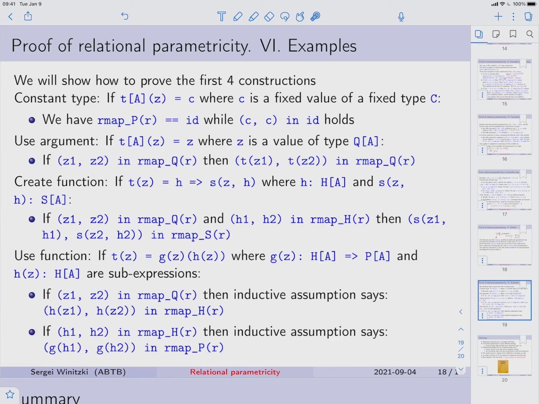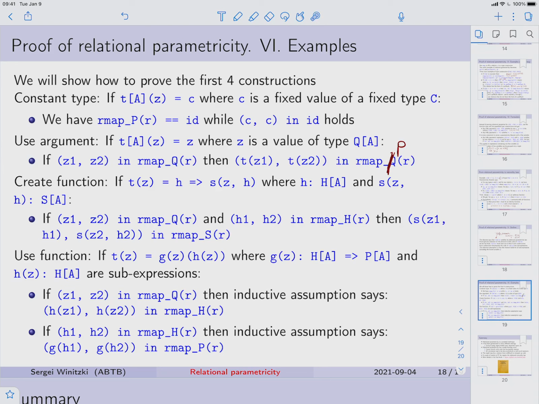What we need to prove is that if there are two values z1 and z2 of the type Q, and they are in the relation Q, then T of z1, T of z2 are in the relation P, or R map P, lifted to P.